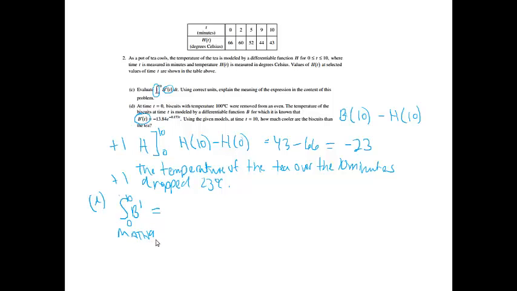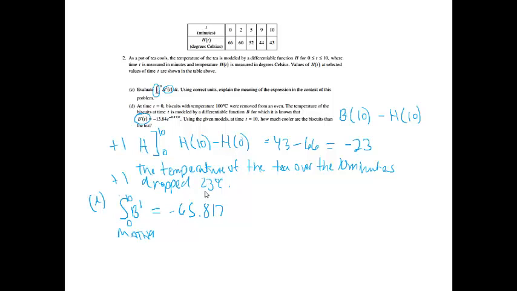This is another one I've got to get my calculator out for. When we use our calculator to get that answer, we will get negative 65.817, I believe.